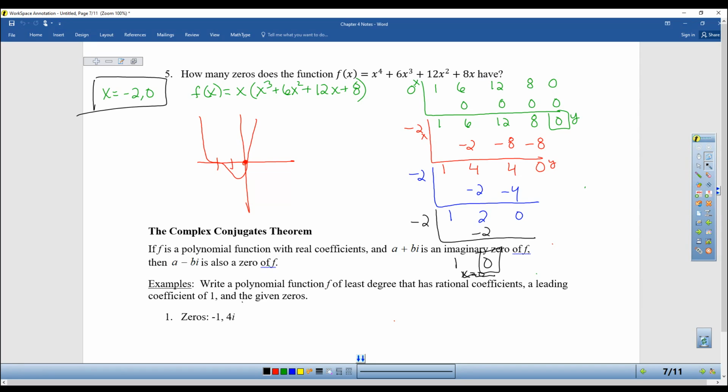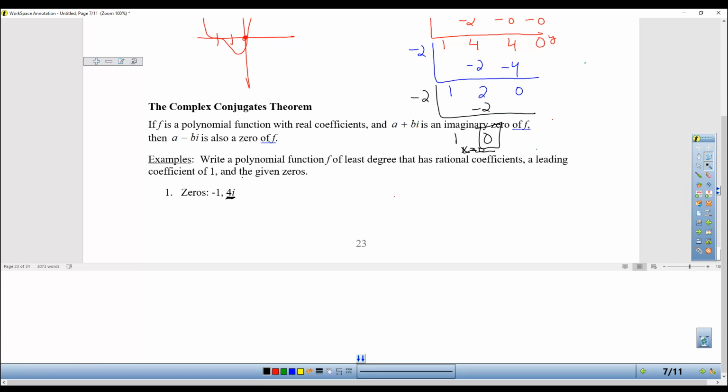So this next section looks complicated when you first look at it, but we actually did this last class. We're doing the exact same thing, except that now we're using imaginary zeros. When we did it last class, we did it with all real zeros. So the complex conjugates theorem says that if f is a polynomial with real coefficients and a plus bi is an imaginary zero of f, then a minus bi is also a 0.